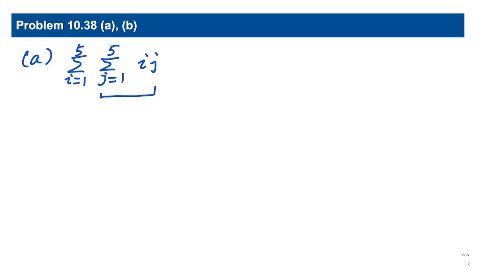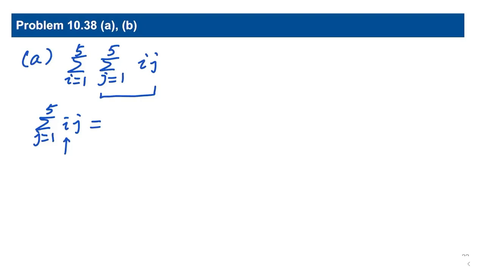Now let's look at problem 10.38. Part A. Evaluate the sum over i from 1 to 5, sum over j from 1 to 5, of i times j. Again, let's first evaluate the inner sum, sum over j from 1 to 5 of ij. i is independent of j.